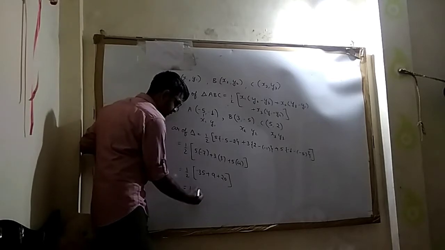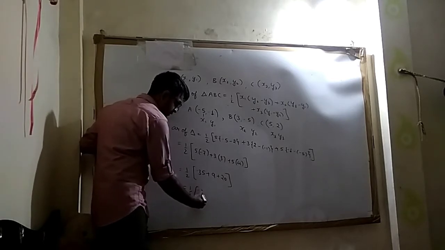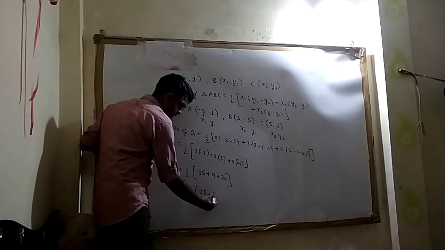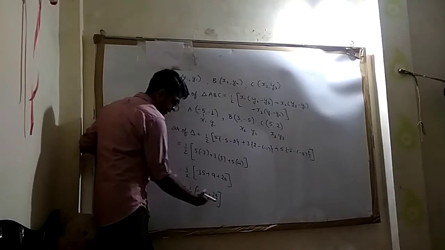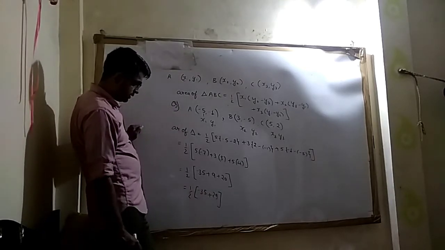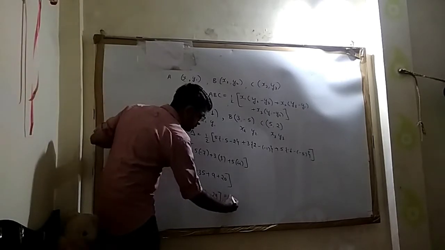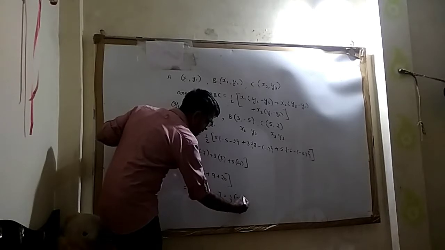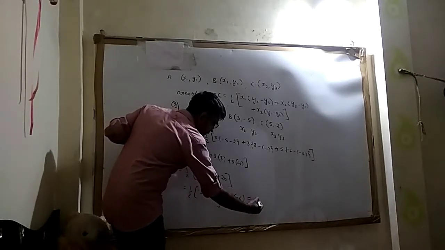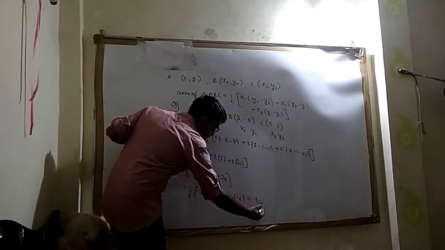So half, minus 35 plus 29. Minus 35 plus 29 is minus of 6. So half into minus of 6, it's 3 square units.